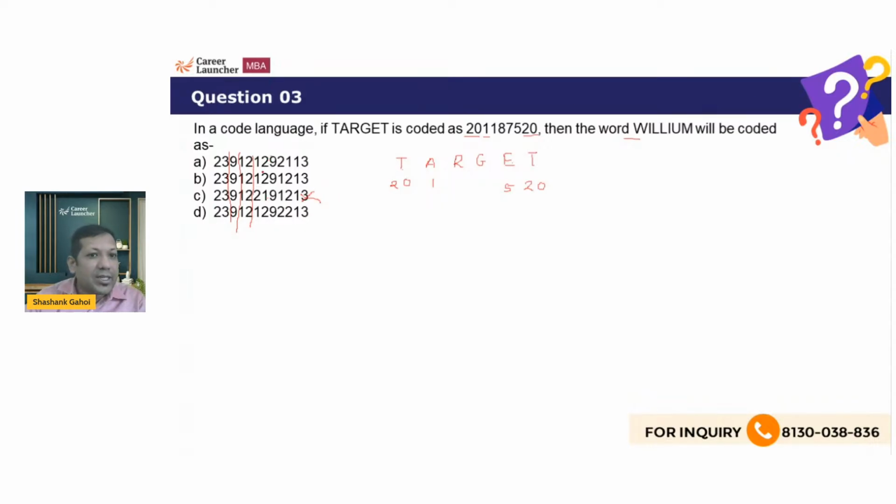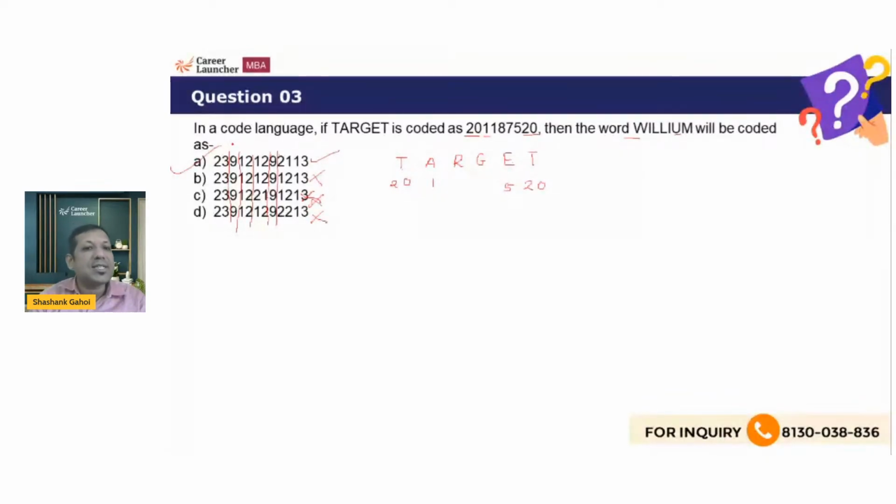Then I, next is going to be 9. So every option has 9, so it doesn't make sense to check. Now U is going to be 21. That is there only in option 1. So the other three options are eliminated. I got my answer. That is option A.